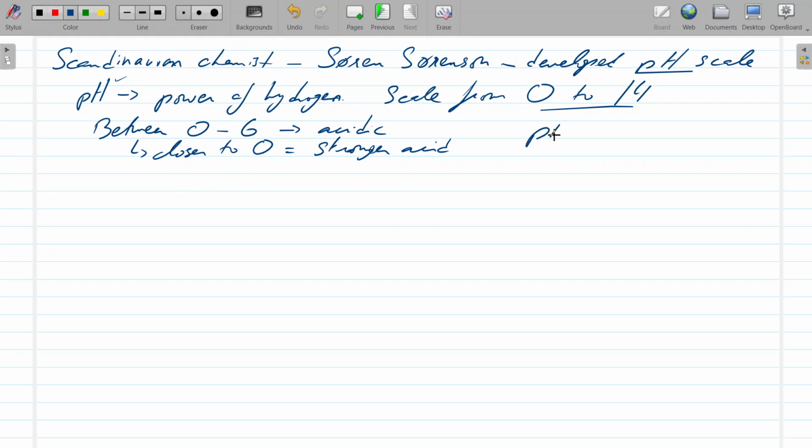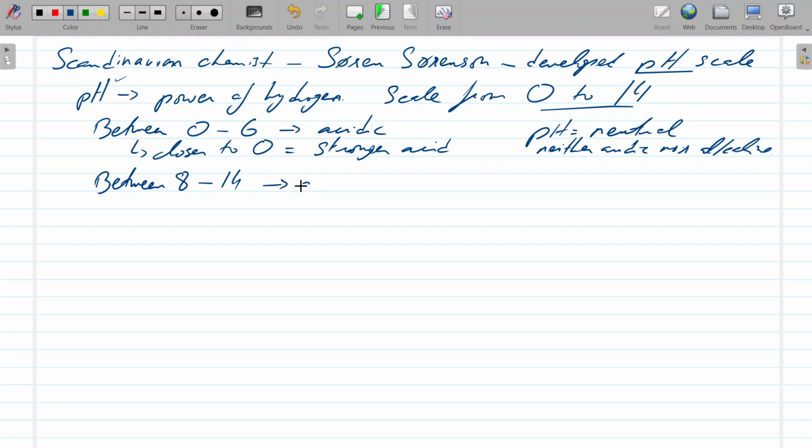pH 7 is neutral, so it's neither acidic nor alkaline. And then between 8 to 14 is alkaline, right?